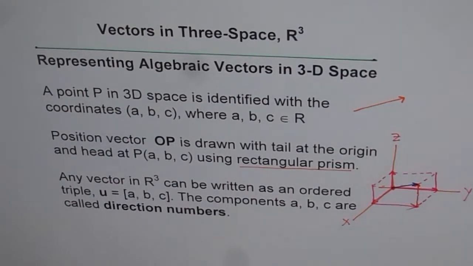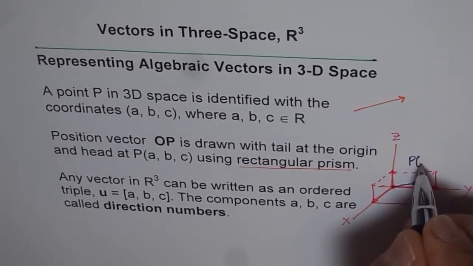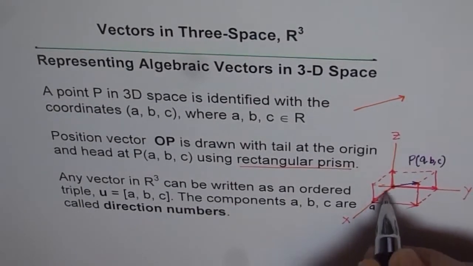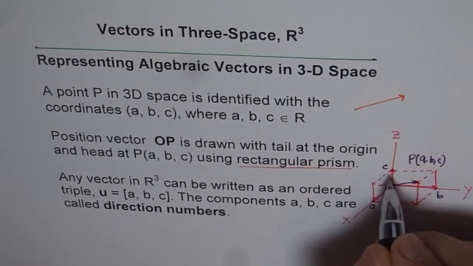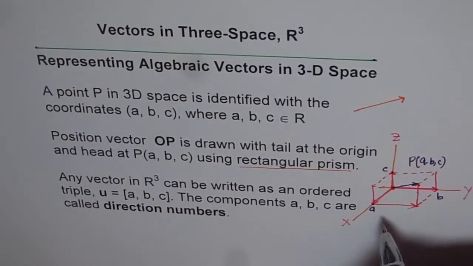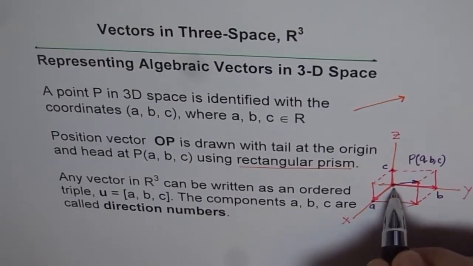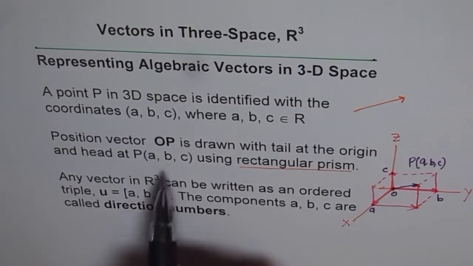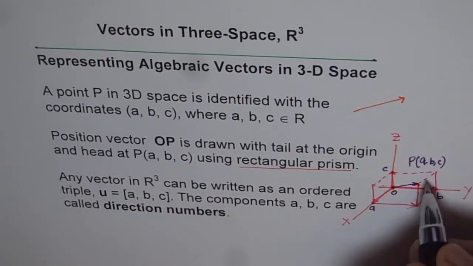So this vector is vector OP for us, and P is at location A, B and C, where this point is A along x-axis, this is B along y-axis, and this is C along z-axis, correct? And this vector is a position vector since its tail is at the origin O and head is at the given point A, B, C. Do you see that? And we call this position the right hand top corner of our rectangular prism.